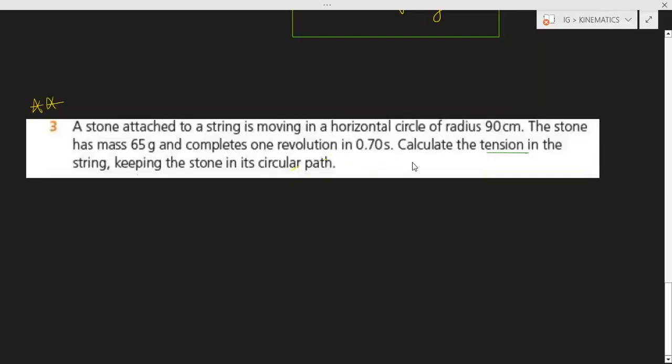Otherwise, how will you solve? For this question, the concept of the frequency will be used. I am telling you what is frequency. Frequency is the number of revolutions made in 1 second.